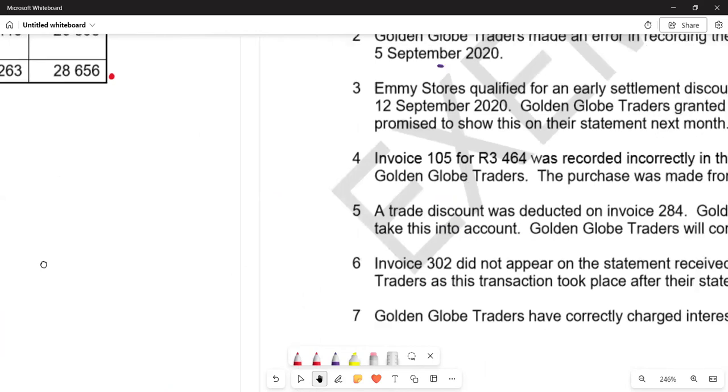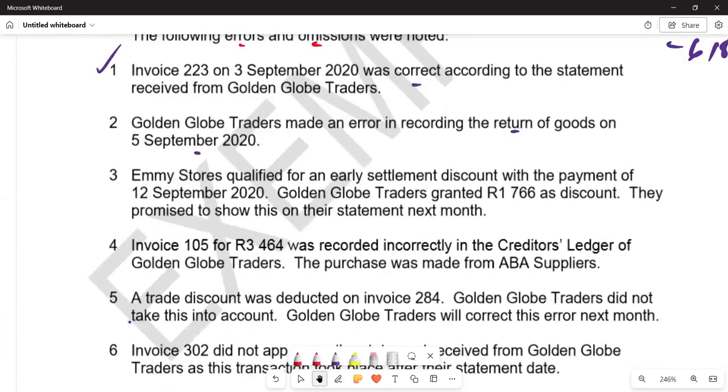Number 3 reads any stores qualified for an early settlement discount with the payment of September 2020. Golden Globe Traders granted 1,766 as discount. They promised to show this on their next statement. So it seems the error that we are having here of 1,766 is a discount which was effected in the ledger.